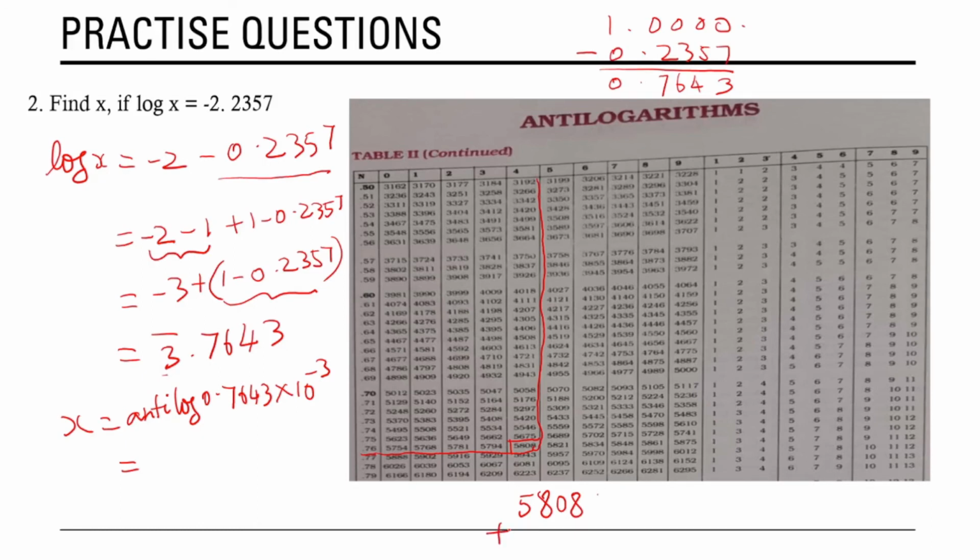Then I have to add the mean difference under column number 3 because the next digit is 3. The mean difference is 4. So the answer is 5812. So antilog of 0.7643 is 5.812 into 10 raised to minus 3. This is equal to 5.812 into 1 by 1000, which is equal to 0.005812.